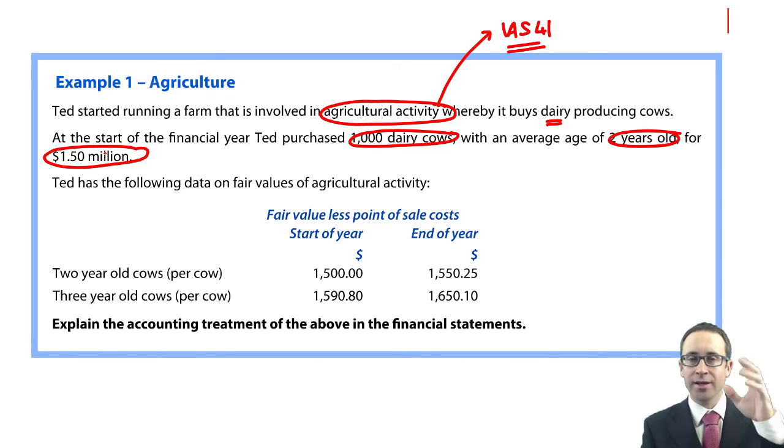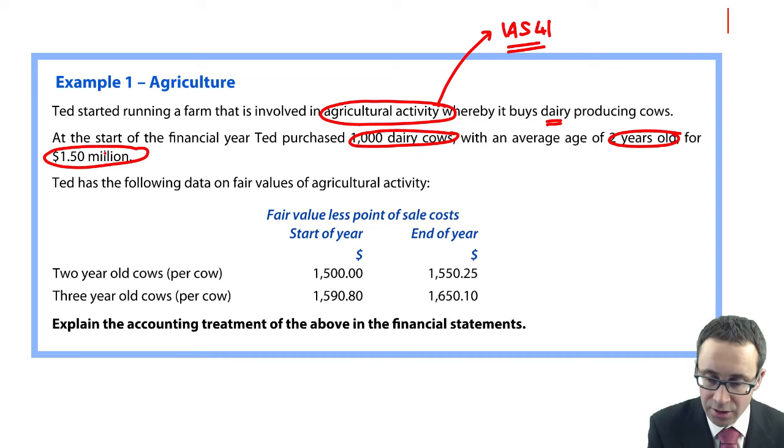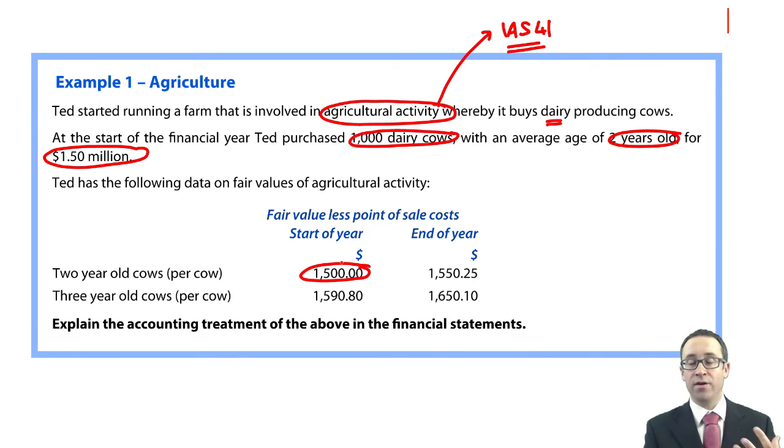Wow, I have no idea in the real world how expensive cows are, but that sounds quite a lot. But if you've got 1.5 million and you bought 1,000 of them, then that means $1,500 each at the start of the year. So you can see your 2-year-old cow, the fair value less point of sales cost at the start of the year, is 1,500.